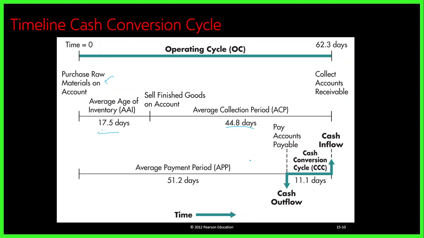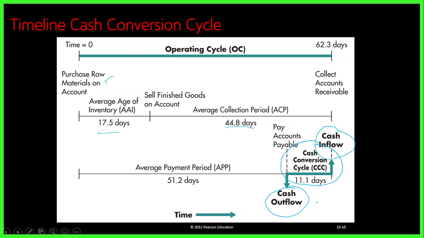Now, assuming that your average payment period is 51.2 days, you simply deduct that from your 62.3 days, and you will now have your cash conversion cycle of 11.1 days. This means that it takes you around 11.1 days to convert your cash outflow to cash inflows.